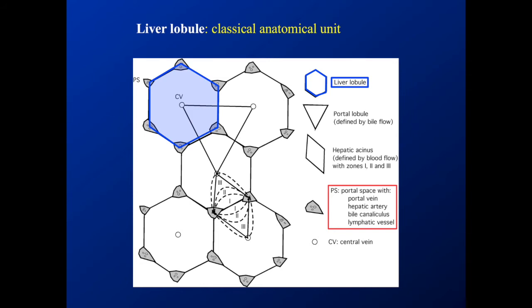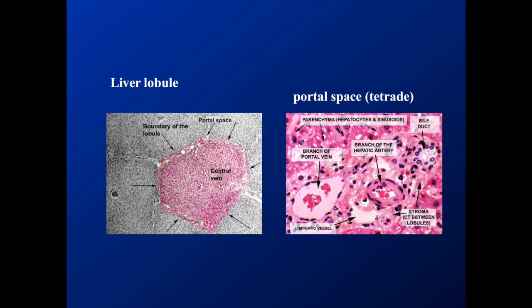And so it's known in the literature as a tetrad. Previous to this, the implications of the lymphatic vessel wasn't appreciated, and so if you go to old textbooks, you might even hear it called a triad. But that's no longer correct. It has lymphatic vessels in it, and it's known as a tetrad as a result.